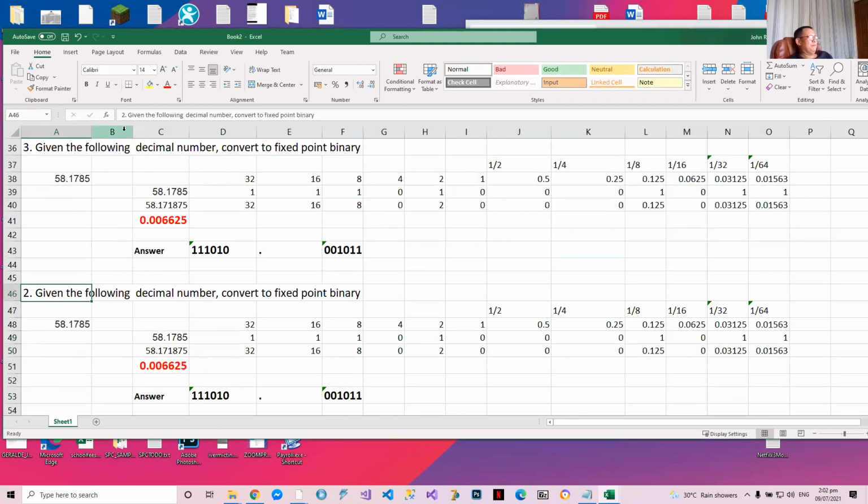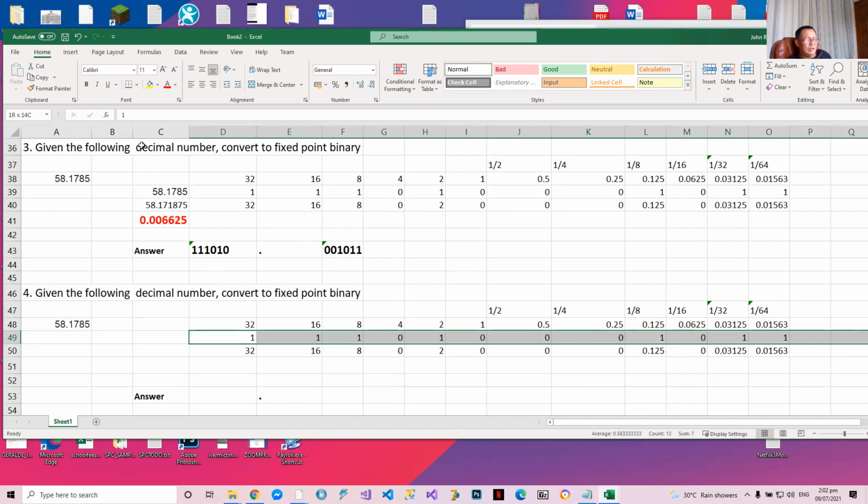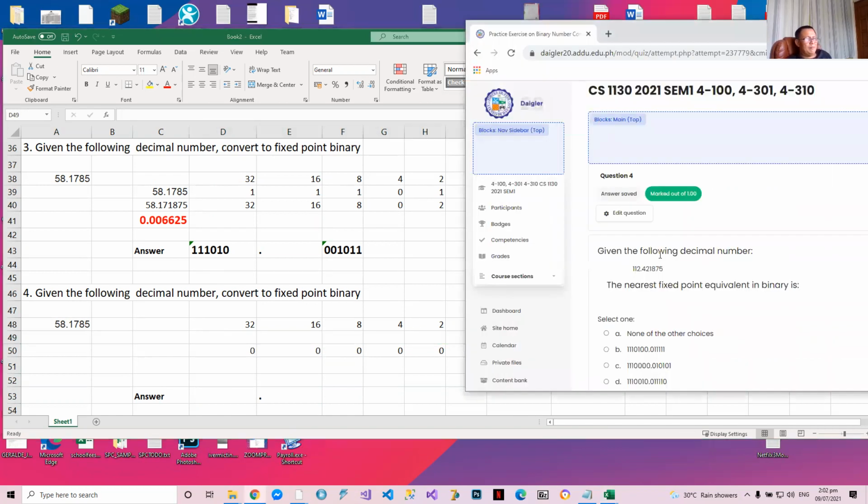This is number 4. Okay. So instead of having this, okay, we will add a 64 because the number that we are supposed to convert is how much? This is the number.